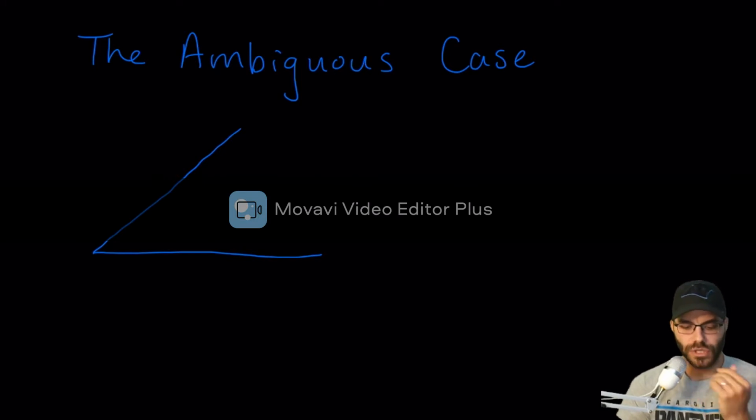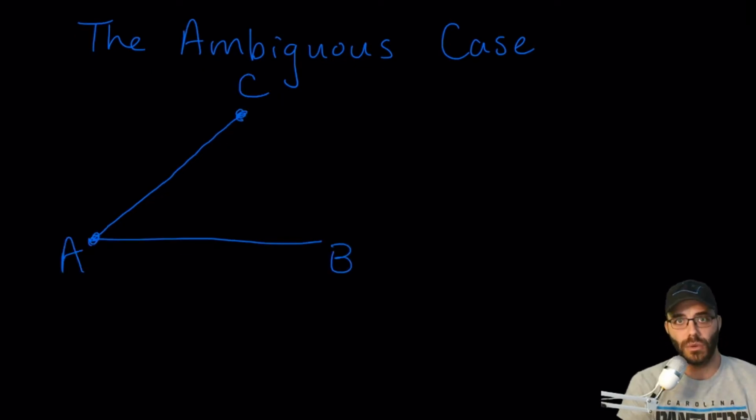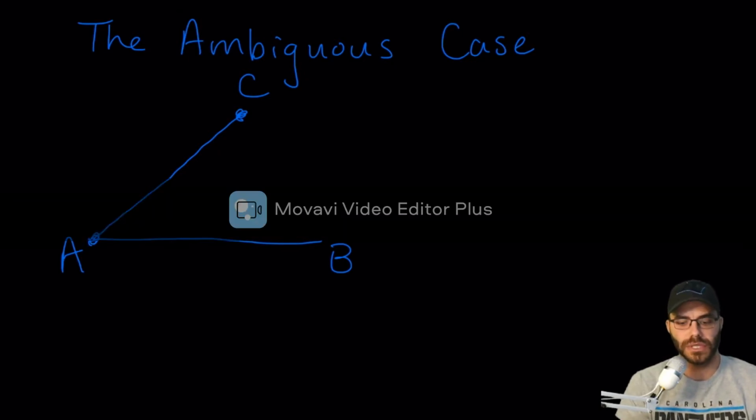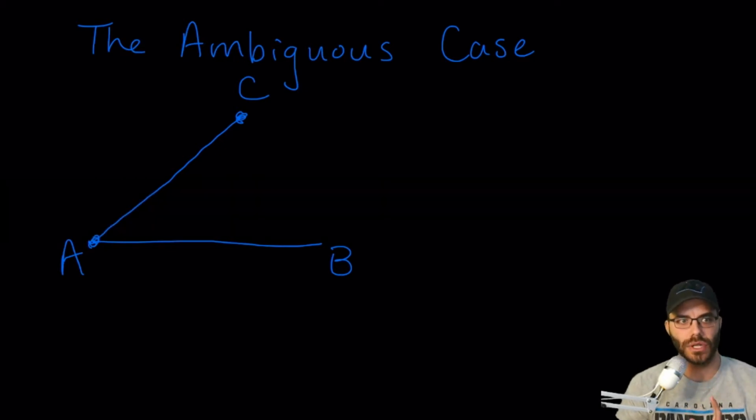So I want to start with this picture right here, which is basically an angle. And I'm not going to close this as a triangle yet. I'm not going to draw that third side. Before we label this triangle with side length measurements and an angle measurement, let's first discuss the height of a triangle.